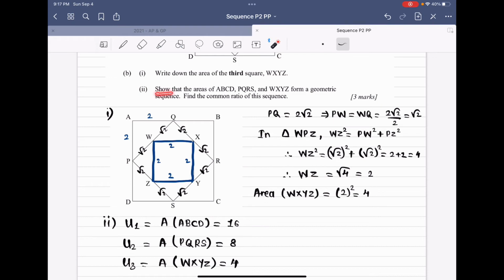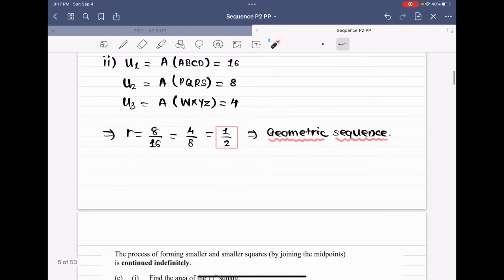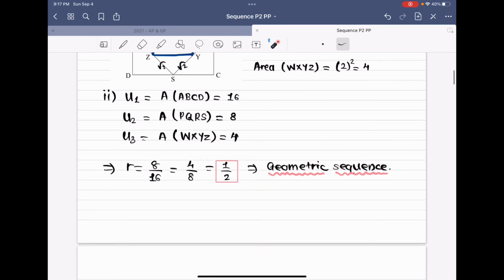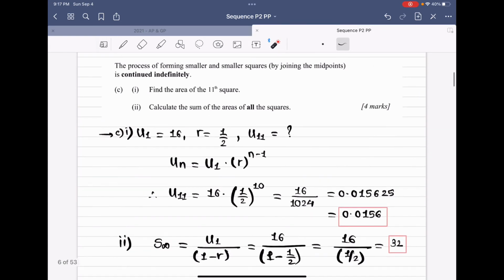They are not assuming that. To show a geometric sequence, you have to show consecutive ratios are the same. So 8 over 16 is 1 by 2. Next, 4 over 8 is 1 by 2. Both are giving the same ratio, so it is a geometric sequence.